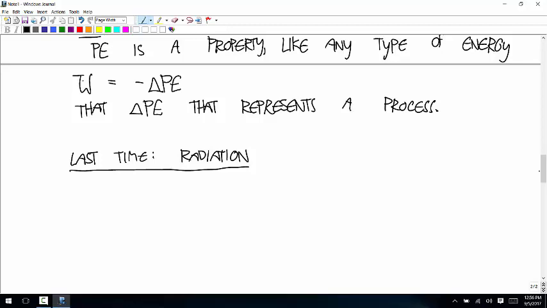And I said that Q dot subscript E is equal to the Greek letter epsilon times sigma times A times T to the fourth. This is the rate of heat.